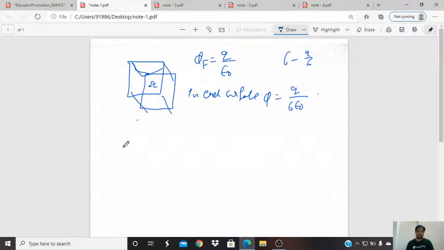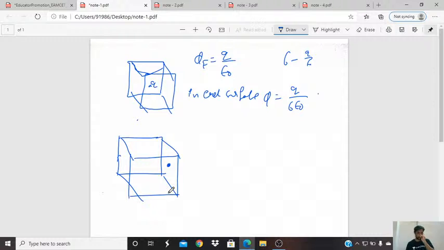For example, if the charge is placed at one of the sides, then how can we find the flux? One side of the cube has the charge placed. To find the total, we have to consider a closed Gaussian surface like this.